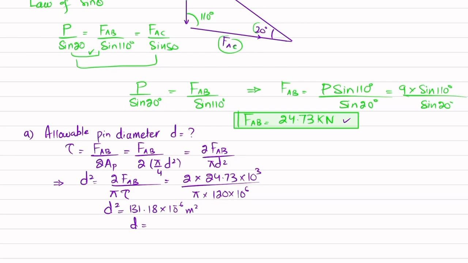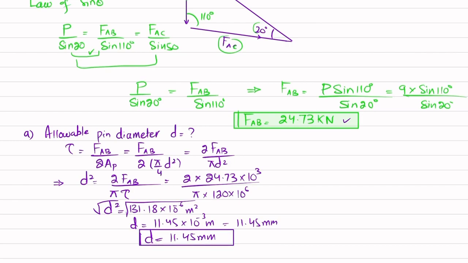If you take the square root on both sides, you will get D equal to 11.45 into 10 raised to power minus 3 meter, or you can say 11.45 millimeter. So this is the diameter of pin at point B.